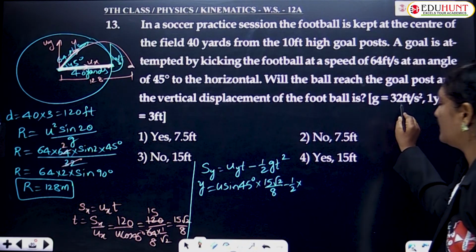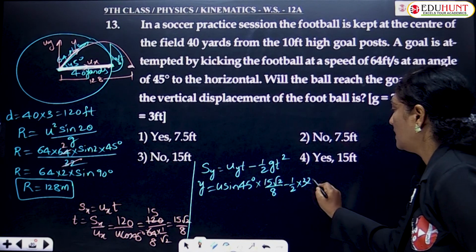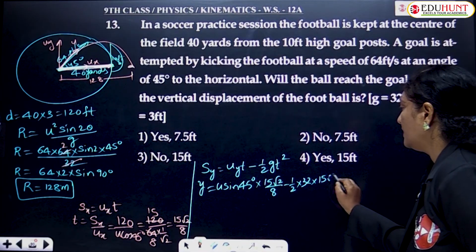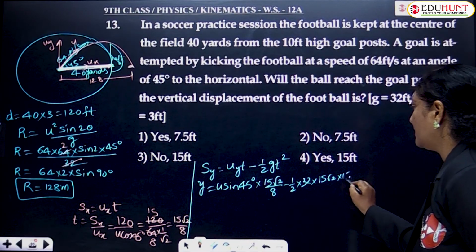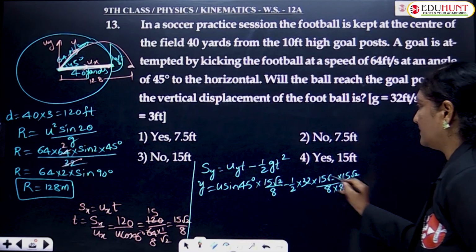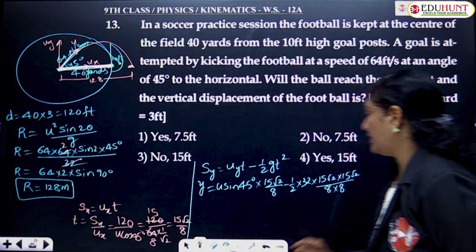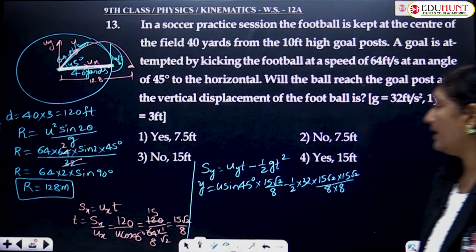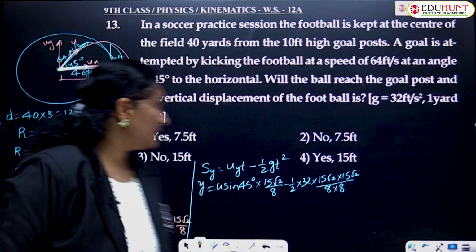The value of g must be taken as 32, into t square. T square means 15 root 2 into 15 root 2 whole upon 8 into 8. So let us try to solve the same, children.